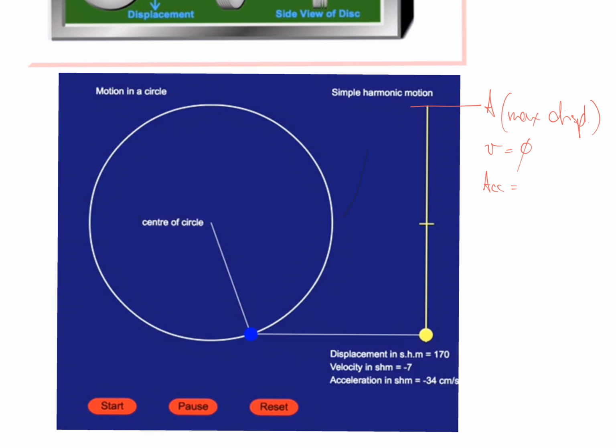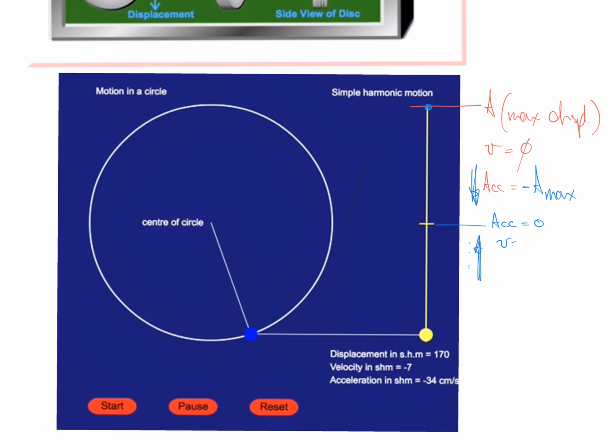The acceleration, on the other hand, is interesting, because if it's slowing up as it's moving this way, then that must mean the acceleration is pointing in that direction. And similarly, as it's slowing up as it moves along here, the acceleration must be in that direction. In actual fact, the acceleration is at a minus max at the very top, and the acceleration in the middle equals 0.